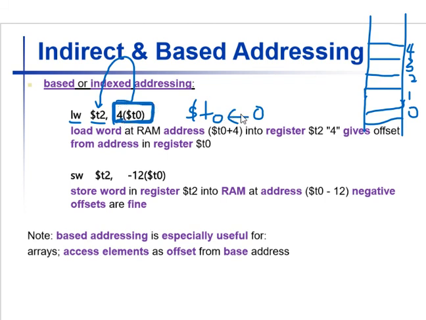So 0 plus 4, you get a 4. Go to the address 4, it may contain a value. Let's say it contains a value 20. This value you move onto register T2. So register T2 is now equal to 20. How do you know? First you add the offset and the base address and go to the address. Take the value, move it onto this register.